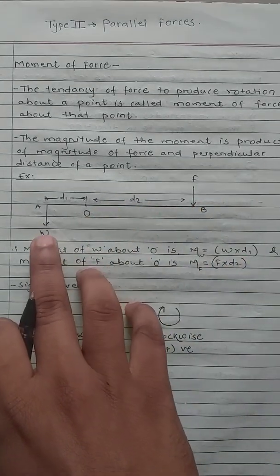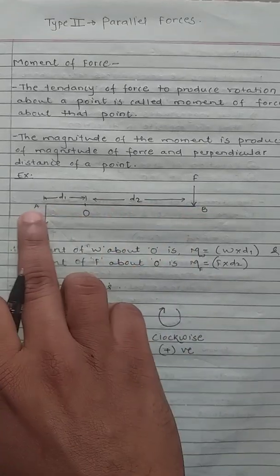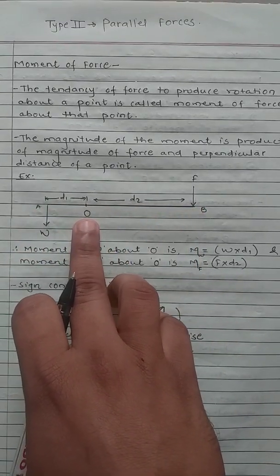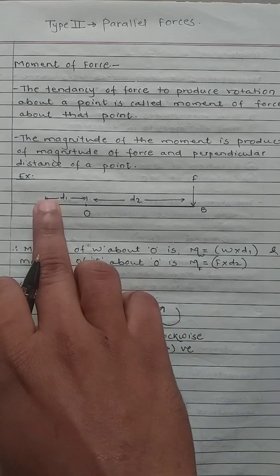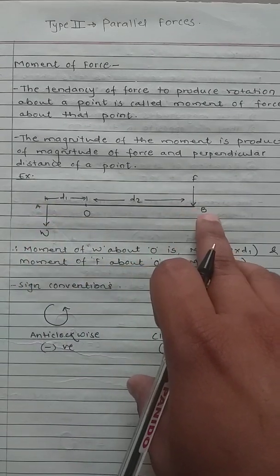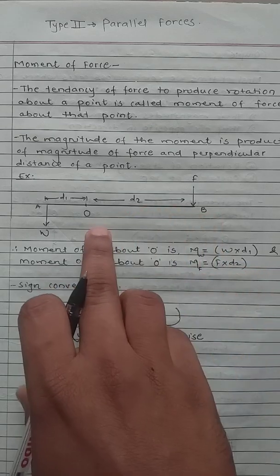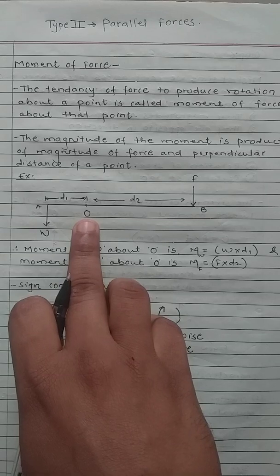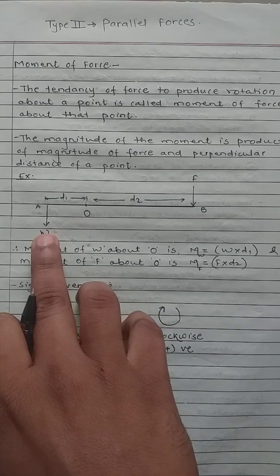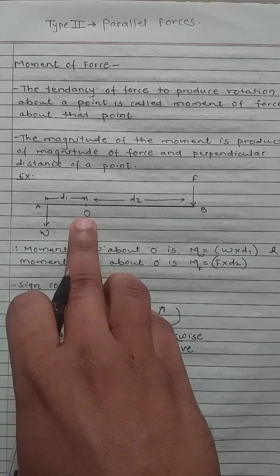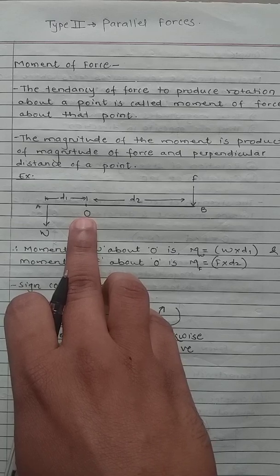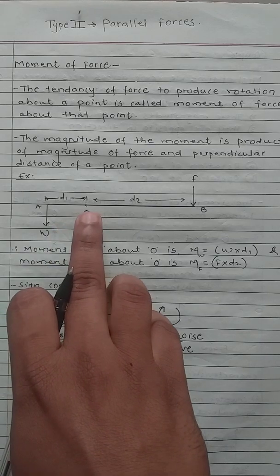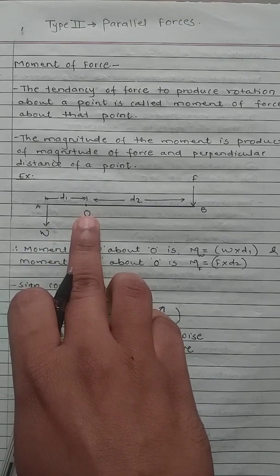For example, here you can see a simple example: there is a beam AB, with a point O. The force W is acting at point A, the force F is acting at point B, and if I want to find out the moment at point O, moment means the force has a tendency to produce rotation, and that magnitude can be calculated as the product of that force and the perpendicular distance from the considered point.